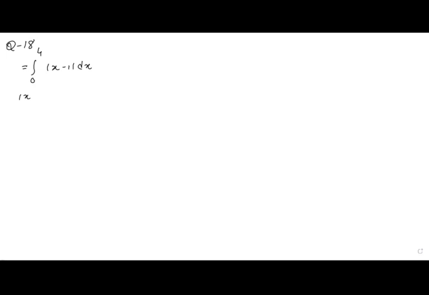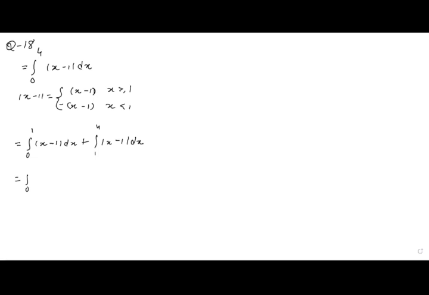So you know that mod x minus 1 can be split into x minus 1 if x is greater than or equal to 1, and minus of x minus 1 if x is less than 1. So I will split this 0 to 4 as 0 to 1 and 1 to 4.